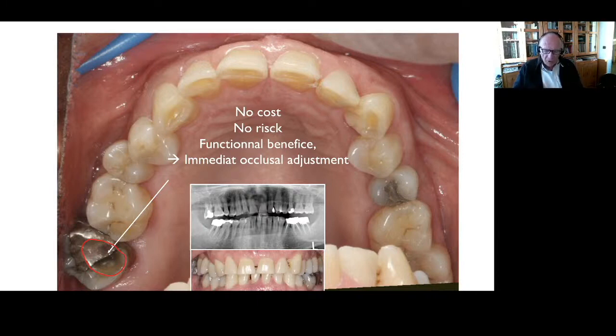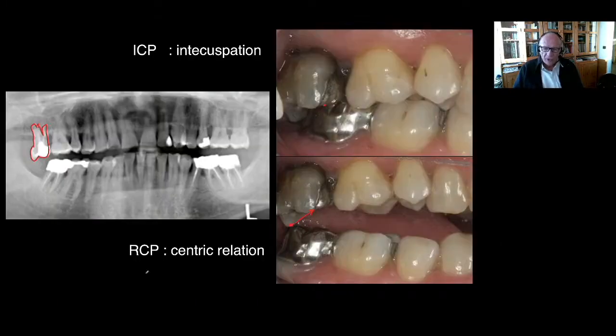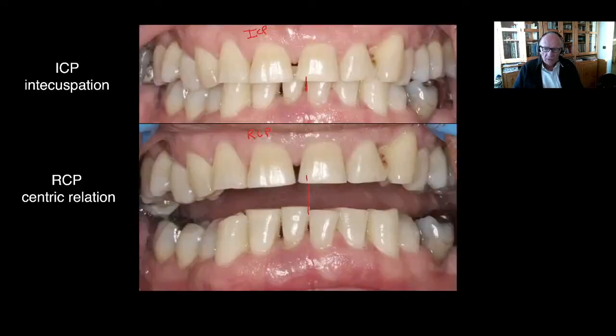To realize a splint, I must take impression, centric records, mount the cast on the articulator. In this case, it is difficult to make centric records because for the centric records, I don't want contact between the teeth. So I must have a centric record very thick. And it is not so easy to do.